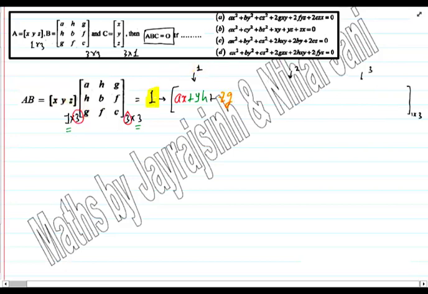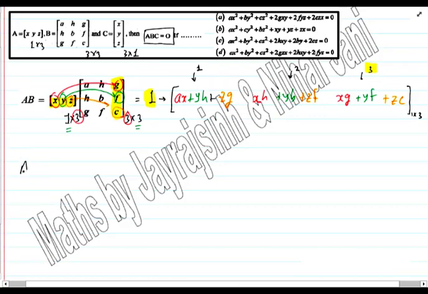The next element is in first row, second column, so we select the first row and the second column and multiply the corresponding terms: XH plus YB plus ZF, right? And similarly, the last element, which is in first row, third column, will be XG plus YF plus ZC. Now we get our A into B.